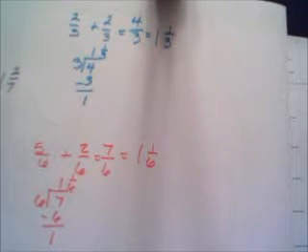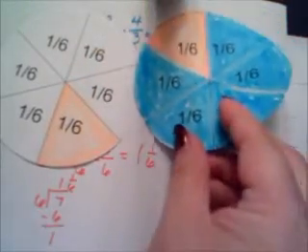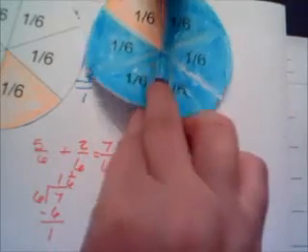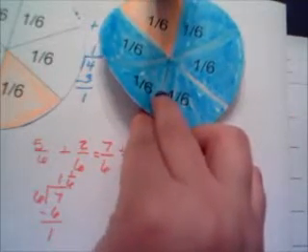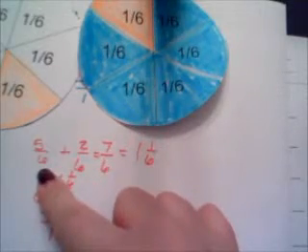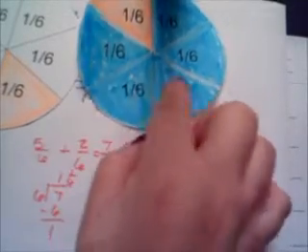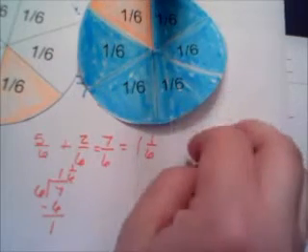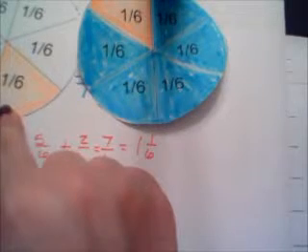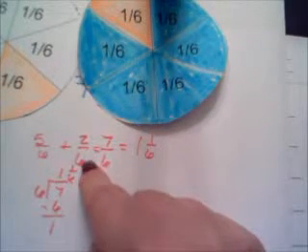All right, again, proving it to you with a visual. Okay, what do I have here? First, I have a circle cut into 6 pieces. Okay, I have 5 of those pieces colored in. 1, 2, 3, 4, 5. Okay, blue. Then I have another circle into 6 pieces.